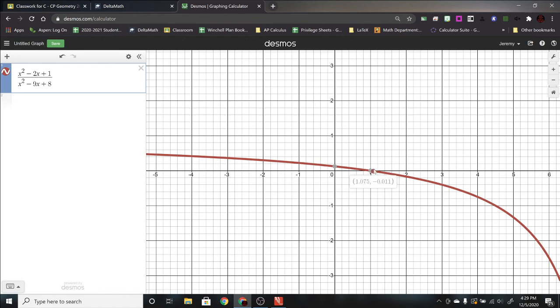So what it normally shows, it should show a hole in the graph of this function at 1, 0, and say that the coordinates would be 1, comma undefined. But the issue is that it's hitting the x-axis here, and I don't know why this graph does it. But again, if I put 1 into this function, I get 0 on the top, I get 0 on the bottom. This is undefined. So there is no x-intercept. It doesn't matter what Desmos is showing us here.